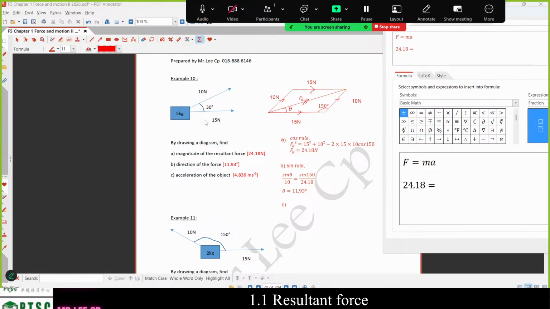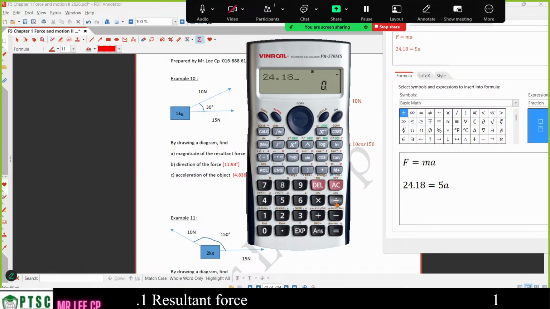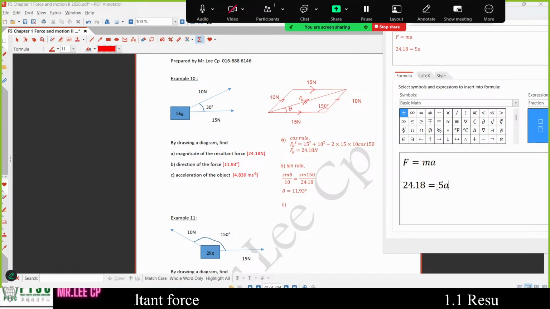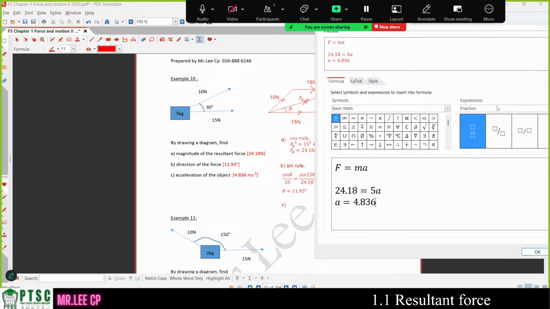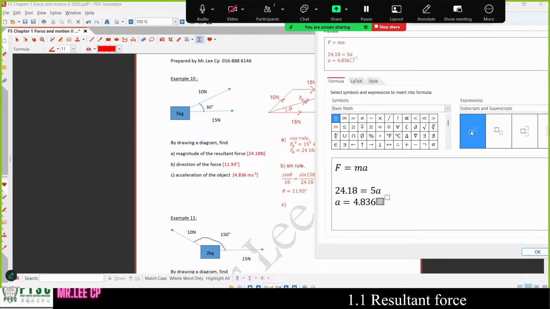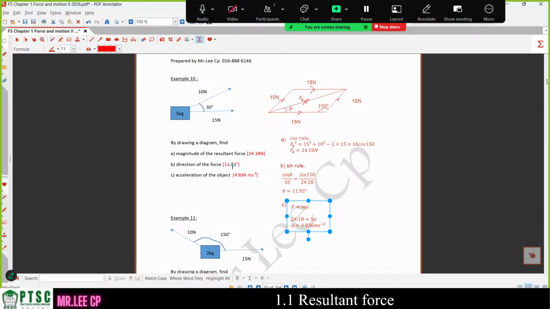M is 5, A I don't know. So 24.18 divided by 5. Answer 4.836. The unit of acceleration is m s negative 2. This is the answer for this one.